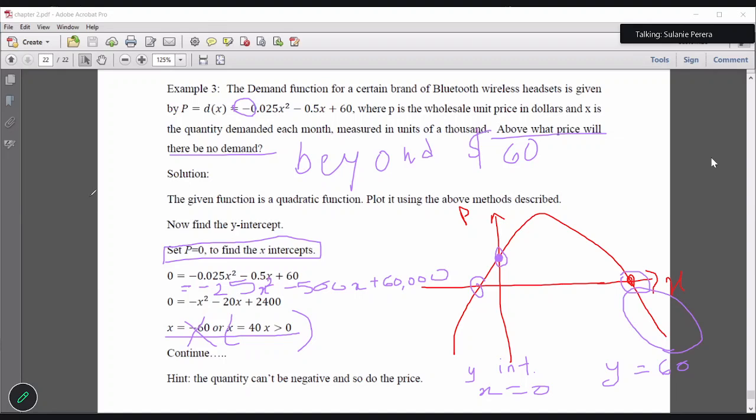Any questions? So do you all understand, if you get a question like this, if they ask you for the quantity, that will be finding the x-intercept. If they ask you for the price, that will be finding the y-intercept.